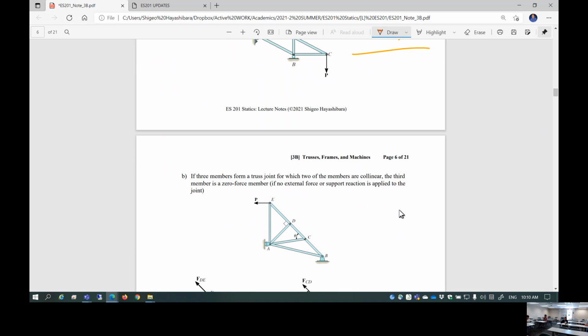Which joint are you talking about? C. C, okay. So joint C is made up of members DC, CB, and AC. Members DC and CB are collinear. So this is a 0 force member.